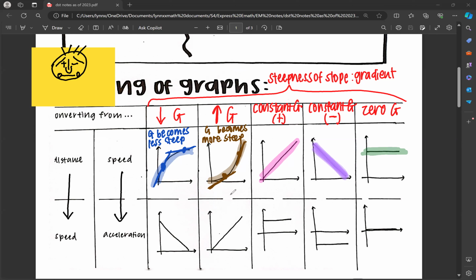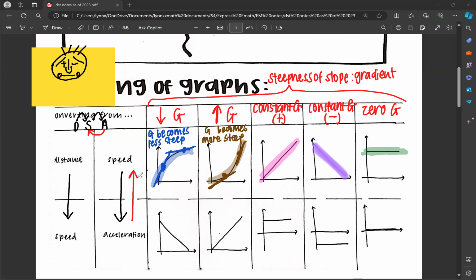However, if I want to go the reverse direction, so I'm going to write DSA here. DSA. Distance to speed is going from top to bottom. If I want to go from A to S, meaning acceleration to speed, can you see acceleration to speed means I'm going from bottom to top. Understand?